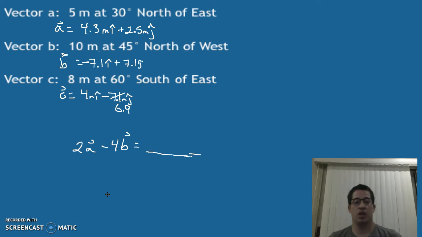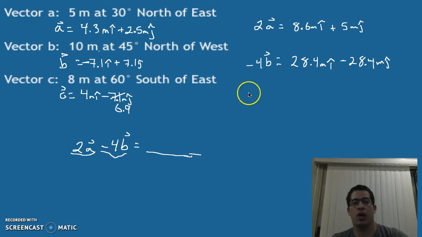The first thing we need to do is scale vector A and vector B by these scalars. So let's multiply vector A by 2 and vector B by -4. Go ahead and work that out. 2A would be 2 times each of those components.